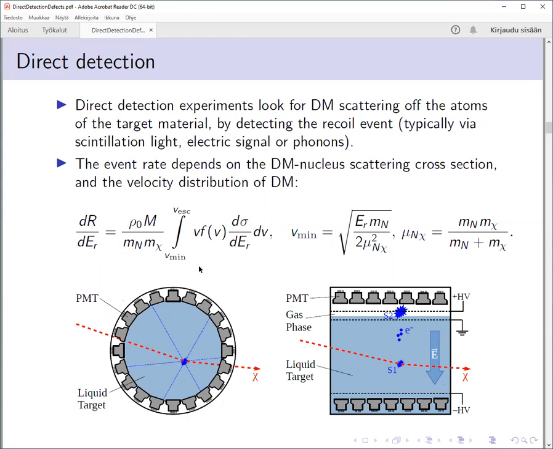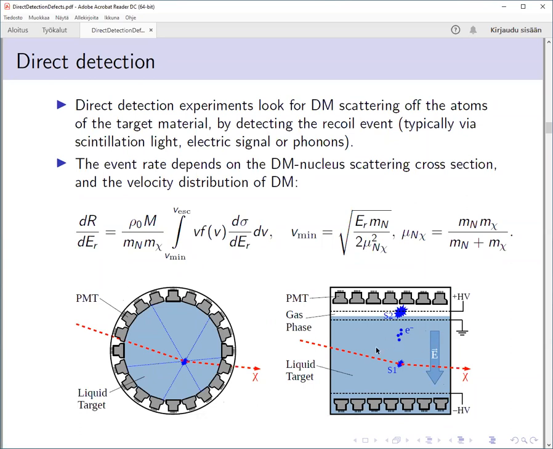I'll mention them in the next slide, but for example, in this picture, there is a liquid noble gas in a tank, which is surrounded by photomultiplier tubes. Then you would have a scattering event taking place, which excites some atoms, and as they de-excite, they emit so-called scintillation light, and then your photomultiplier tubes observe this scintillation light, and this is your signal. So this is what you try to observe.